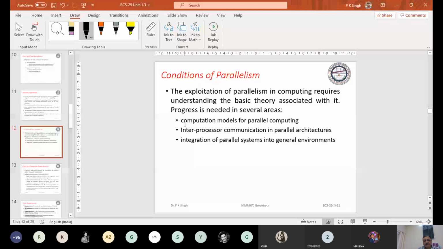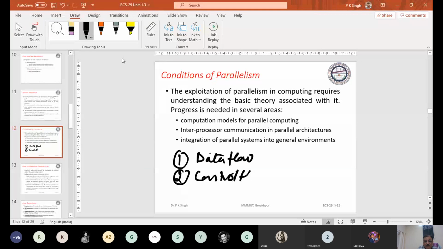The program is nothing but a sequence of instructions. Any program you write has two properties. First is data flow, second is control flow.